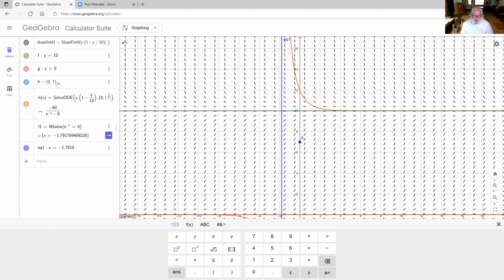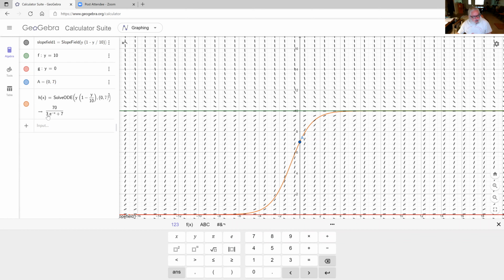And we ask ourselves, if that's our initial condition, what is our solution going to be? So we'll get rid of these two things and we'll change our initial condition here to be 7. And so there's our solution in orange, and it goes up to 10 in forward time, goes back down to 0 in backwards time.